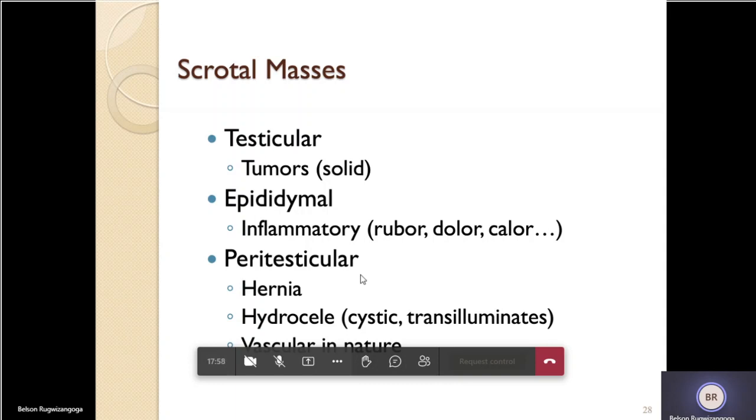If the mass is not within the testis, think about scrotal swelling, which is either a hernia, meaning scrotal hernia, or hydrocele, and also, if it is vascular in nature, then think about maybe a vascular tumor.